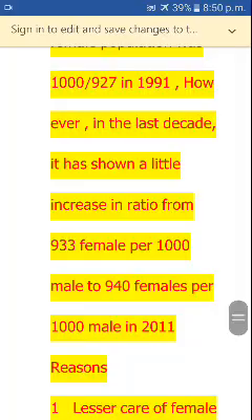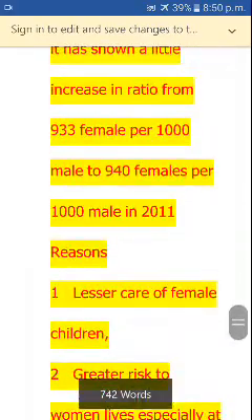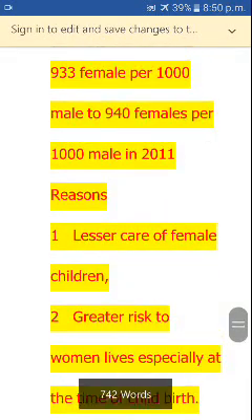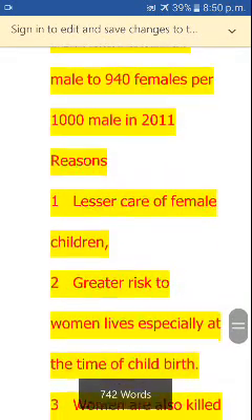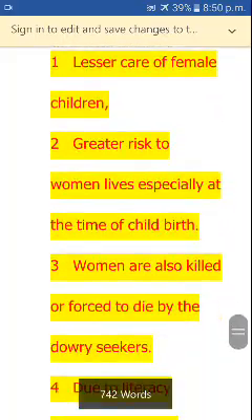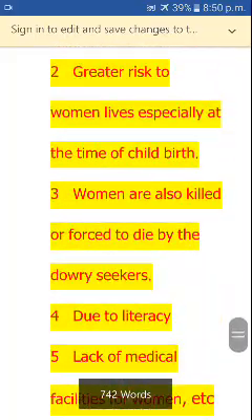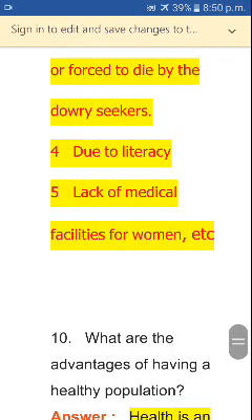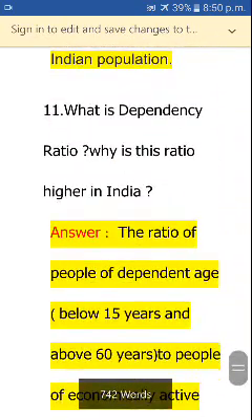However, in the last decade it has shown a little increase: 933 per thousand in 2001 and 940 per thousand in 2011. Reasons: lesser care of female children, great risk to women's lives especially at the time of childbirth. Women are also killed or forced to die by dowry seekers. Fourth, due to illiteracy, lack of medical facilities for women, etc.